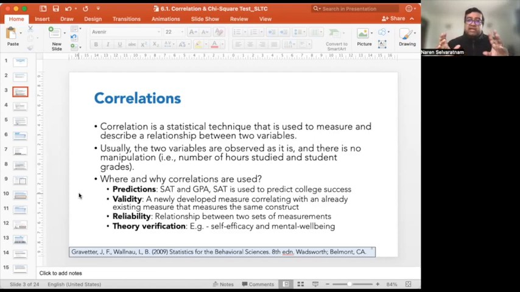So think you have developed a scale that measures self-esteem. Now, if your new self-esteem scale is given to 100 individuals, and you also give Rosenberg's self-esteem scale to the same 100 individuals, since they both measure self-esteem, they should correlate well with each other.